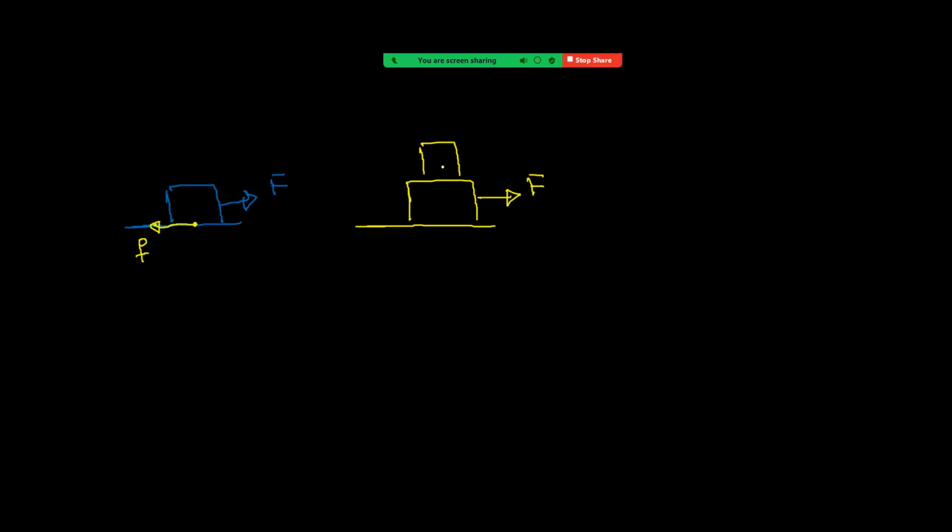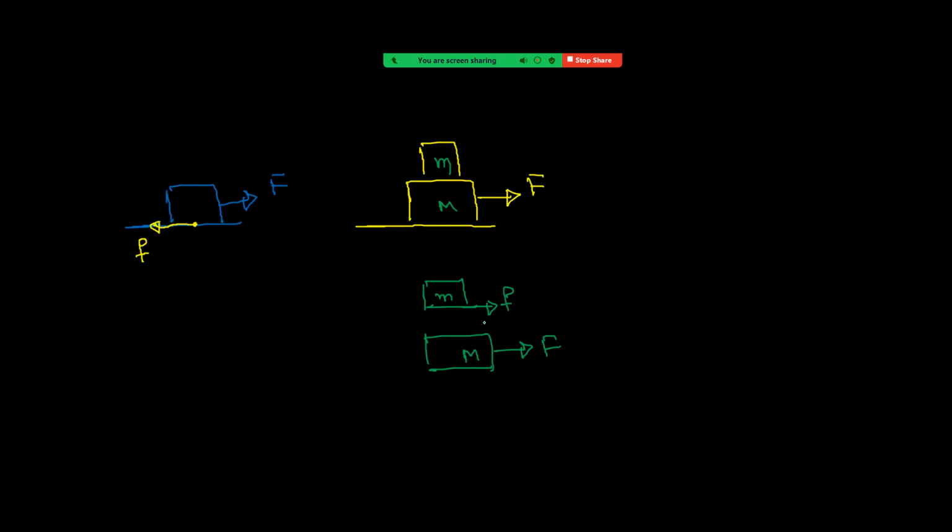And remember why the upper block is moving. The upper block is moving because of the frictional force. If I am taking a free body diagram, force is acting on the lower block, and force is acting on the upper block and lower block. When we are applying force to the right side, the upper block also moves to the right side, and it moves because of friction.